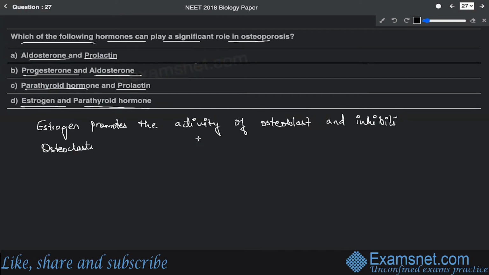And since it is responsible for inhibiting the osteoclast, therefore, in case of the aged females, the osteoporosis is very common because of deficiency of estrogen.